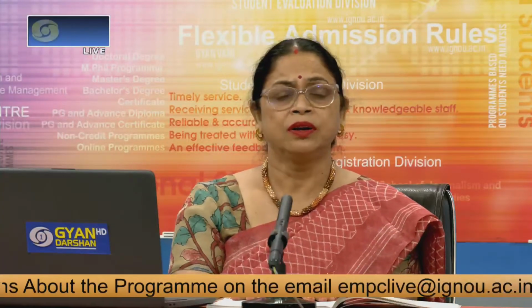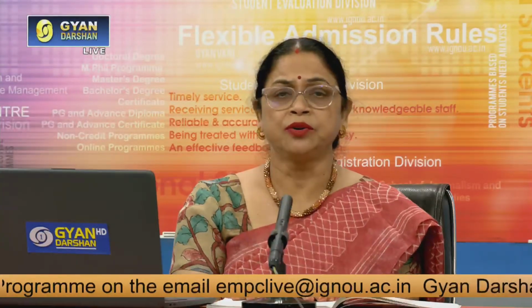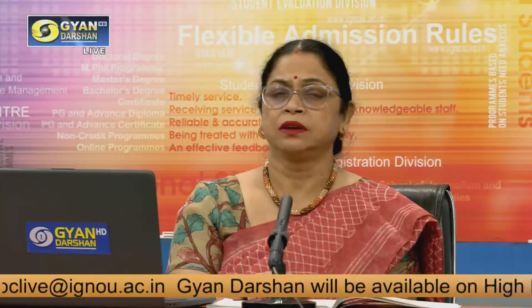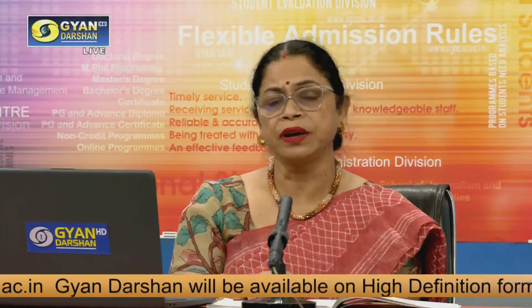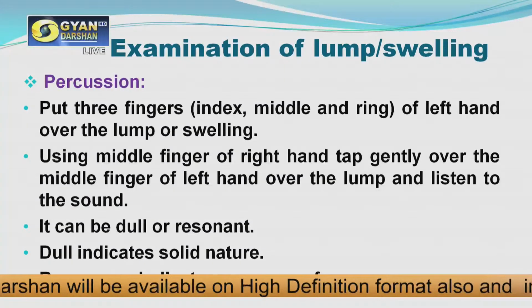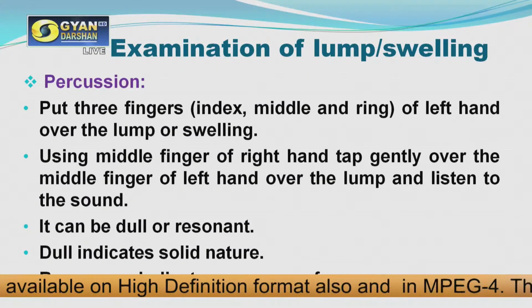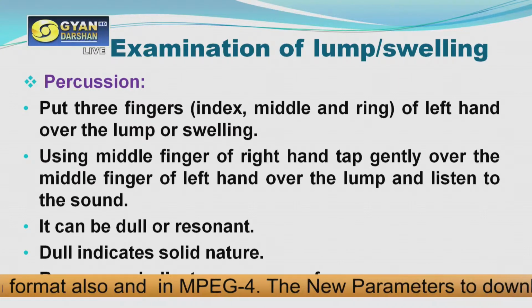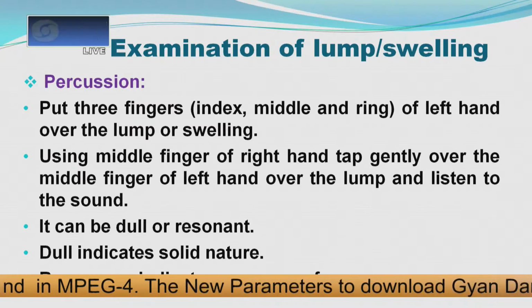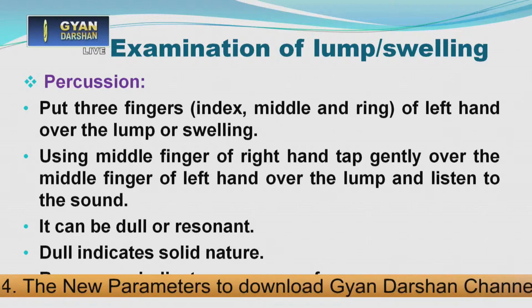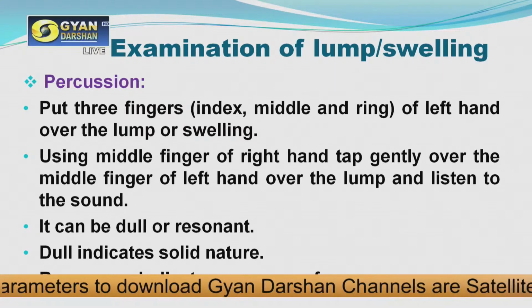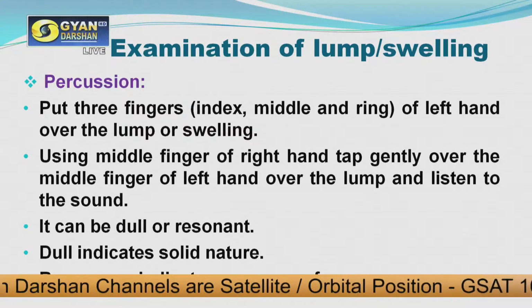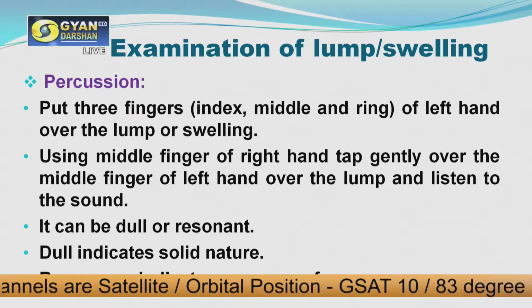As you know, in percussion you use your fingers. You put three fingers, your index finger, middle finger and ring finger of one hand, the left hand, over the lump or swelling, and using the middle finger of the right hand, tap gently over the middle finger, and listen to the sound.